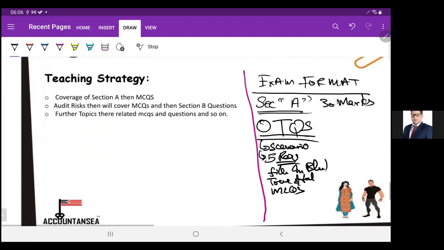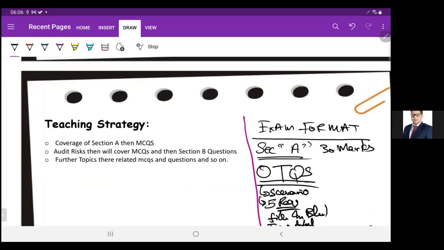Now, what will be the teaching strategy? First, we will cover Section A and their MCQs. Then we will move on to audit risk, and cover their MCQs and their Section B questions.